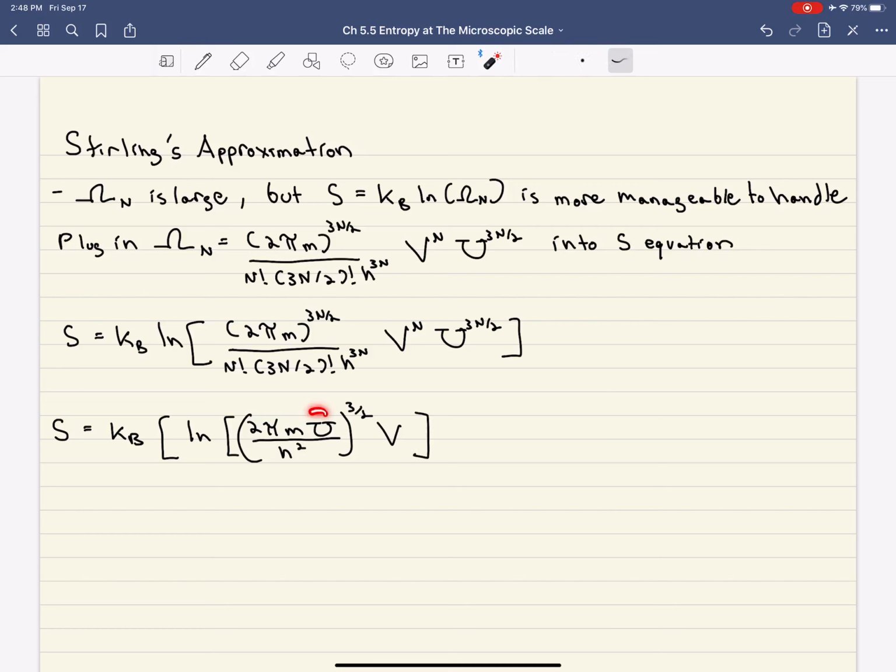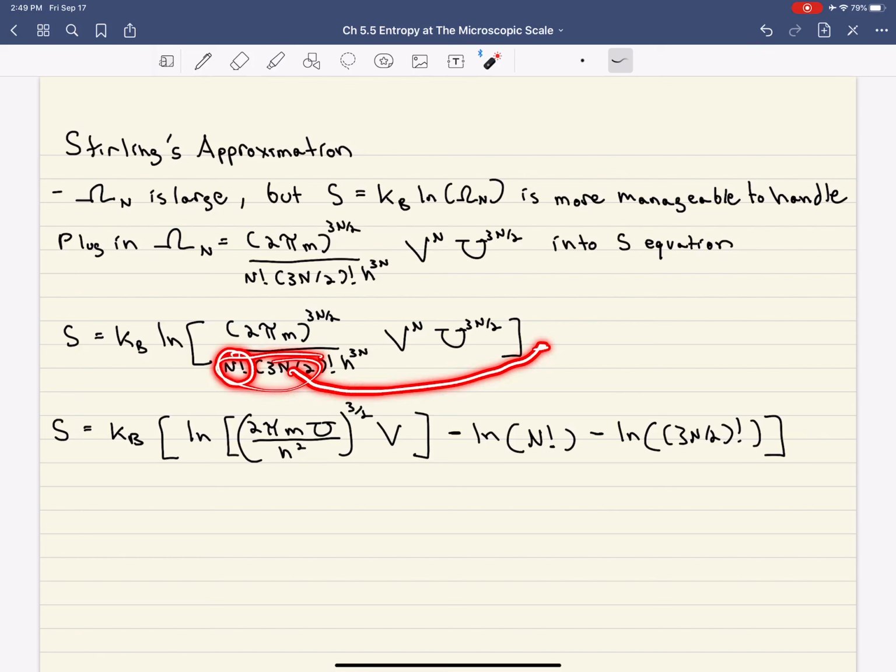Internal energy is in here, to the 3 halves. Volume's out here by itself. I isolated these terms, and over here I'm putting all the terms that had a factorial in them, divided by the 2 factorial. Essentially I moved this term and this term. Using log rules, since they're being divided out, that's equivalent to the minus natural log of that.